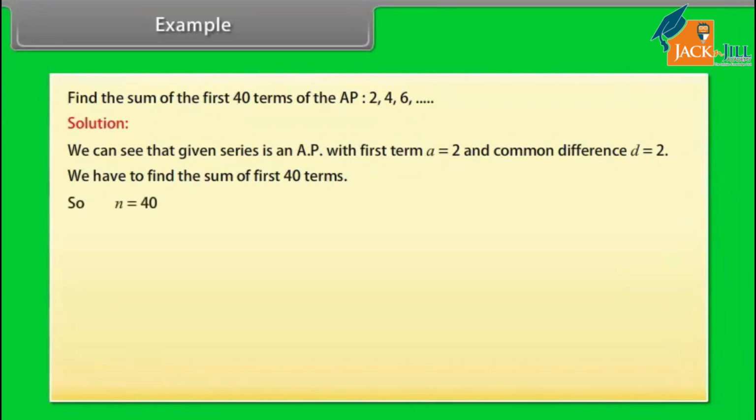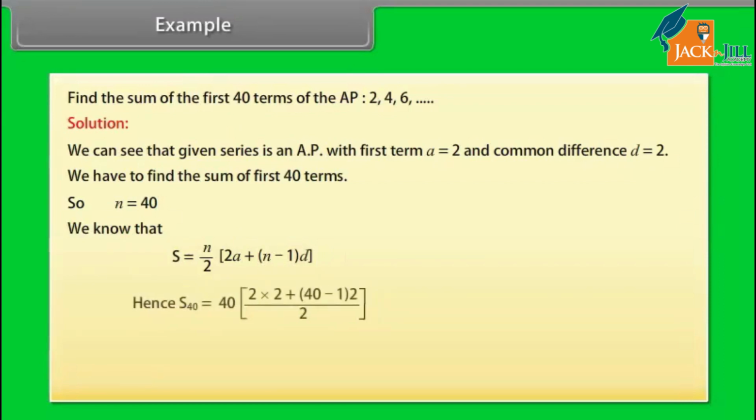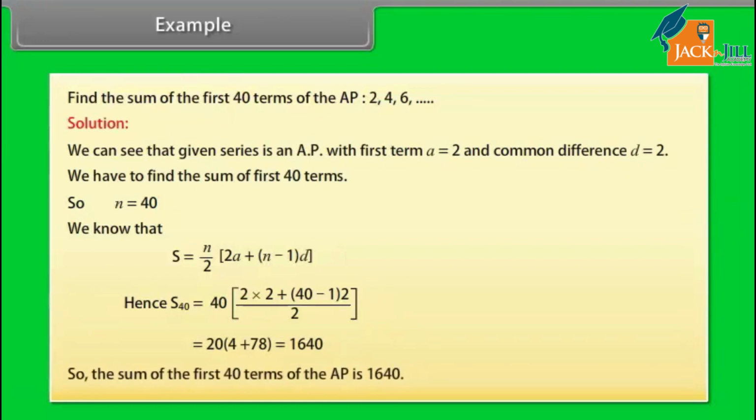So, n is equal to 40. We know that S is equal to n upon 2 into (2A plus (n minus 1) into D). Hence, S40 is equal to 40 upon 2 into (2 into 2 plus (40 minus 1) into 2), which is equal to 1640. So the sum of the first 40 terms of the AP is 1640.